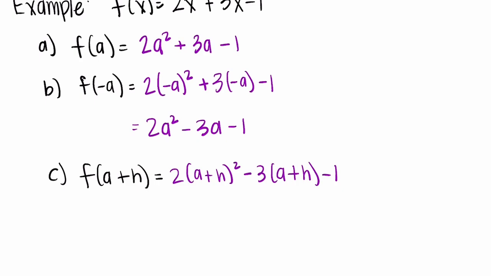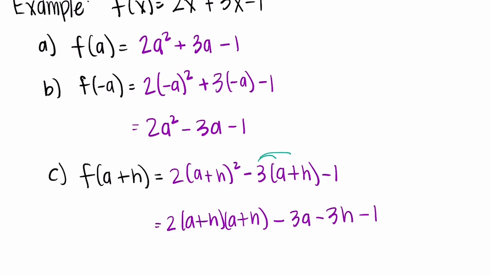We want to distribute everything out, combine all our like terms. So remember, if I have a plus h squared, this is not a squared plus h squared. Where this is 2, it's a plus h times a plus h. I'm going to go ahead and maybe distribute that -3 right now just because we can. You can wait to distribute it or just distribute it.